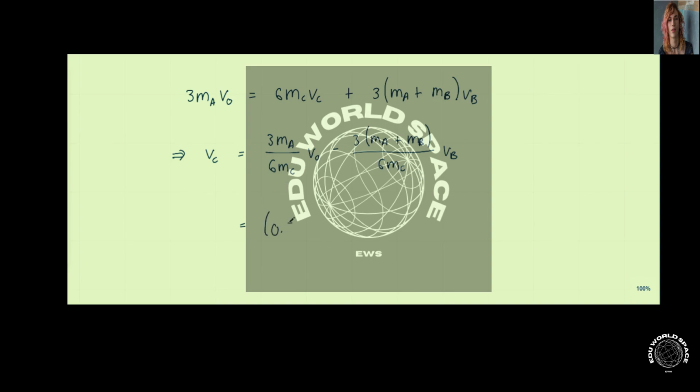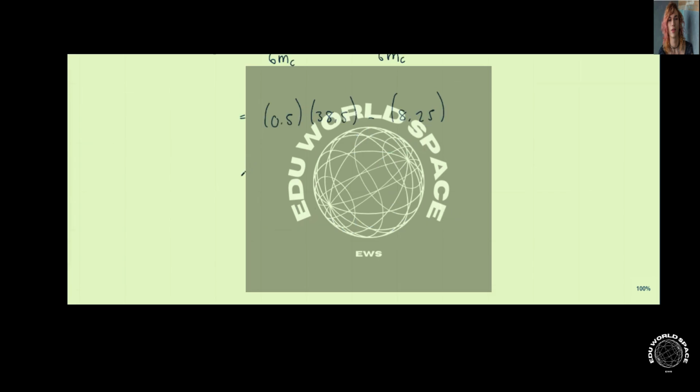So this turns out to be 0.5 into 38.5 minus the second term simplifies to 8.25, and hence we get the speed of c after the collision, vc, is 11 feet per second. So we have the speed for c, vc.